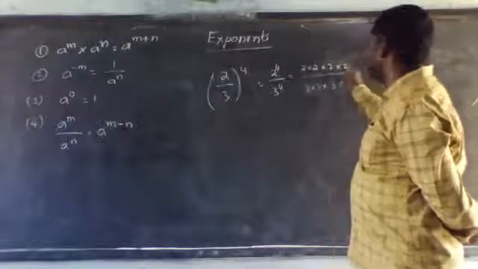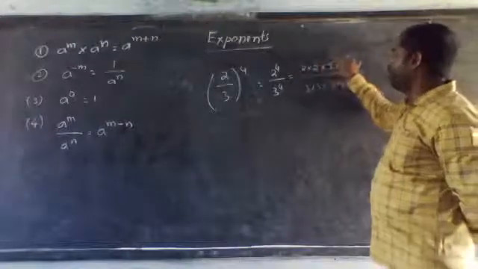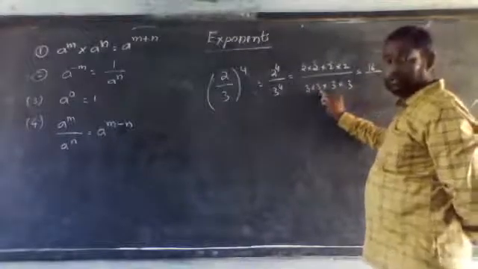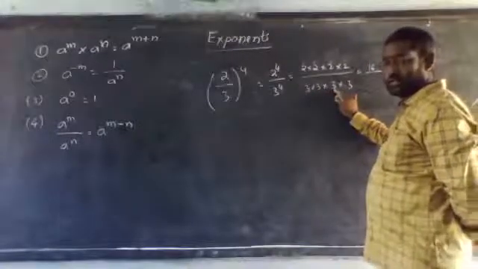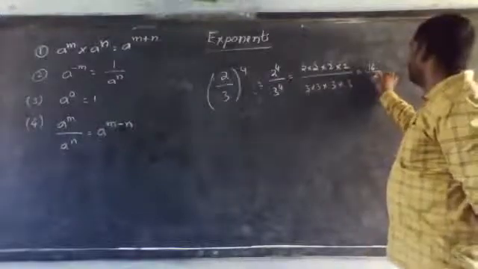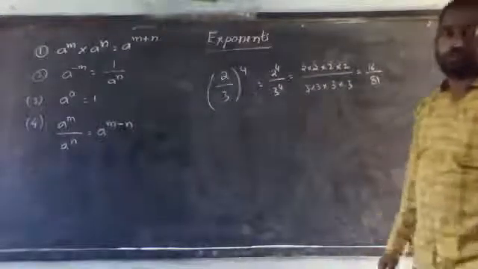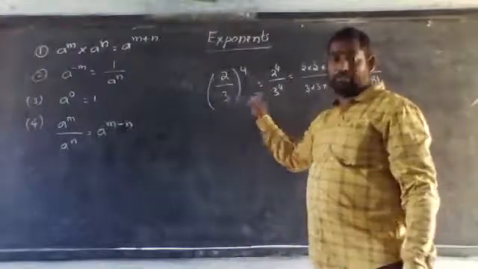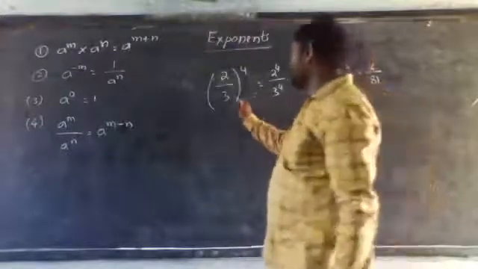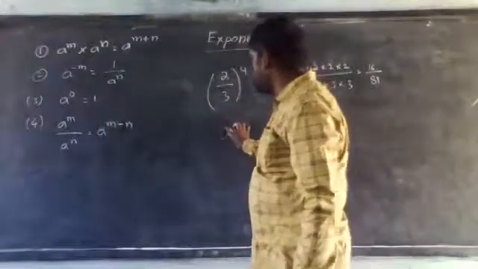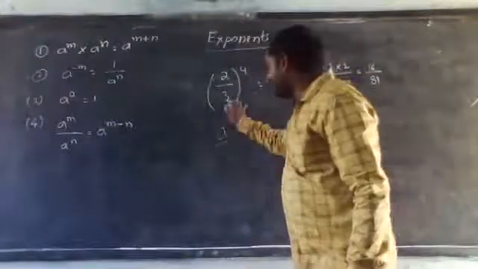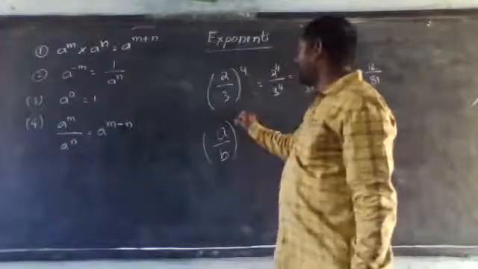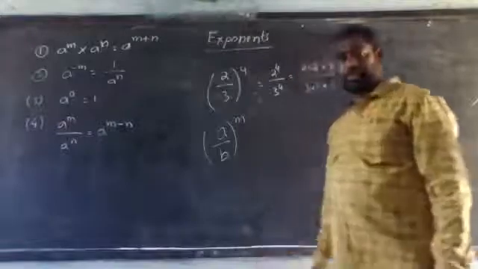So this value will become 2 times 2 is 4, 4 times 2 is 8, 8 times 2 is 16, by 3 times 3 is 9, 9 times 3 is 27, 27 times 3 is 81. We can solve the problem like this. But by observing these two steps, what do we understand? For example, we consider this 2 as a and 3 as b, and the whole to the power exponent is any number, m we are considering.